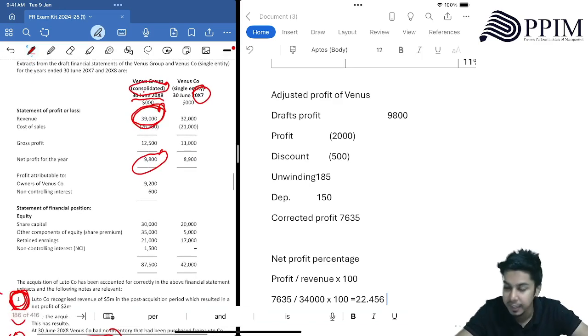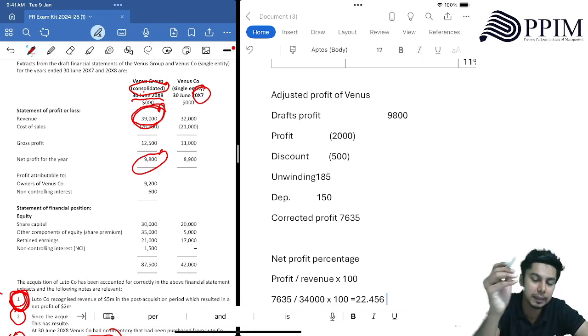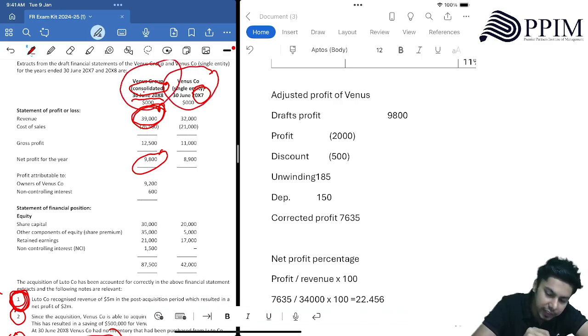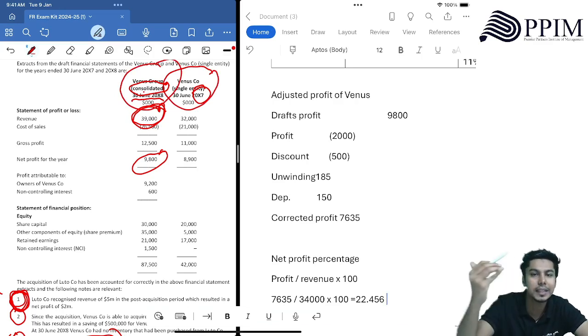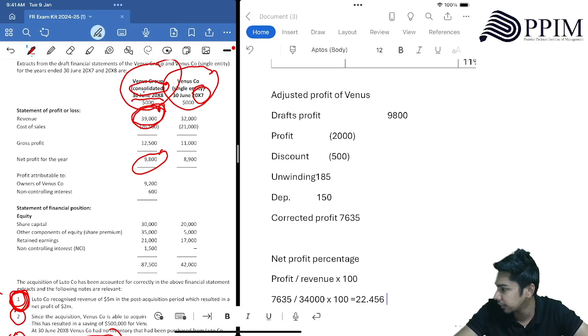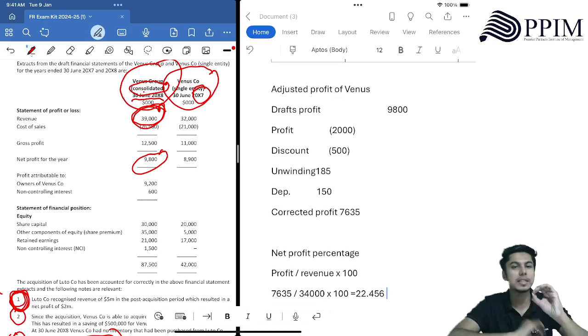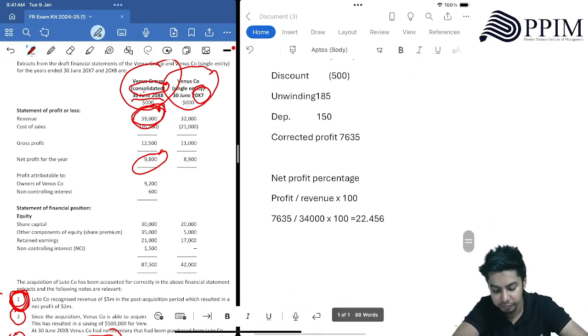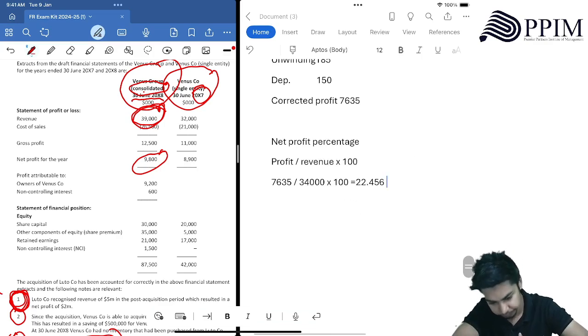Why can't you directly compare a single entity with consolidated financial statements? Can you guys start writing reasons faster? Can you write and give me a few reasons why we can't compare a single entity with consolidated financial statements?